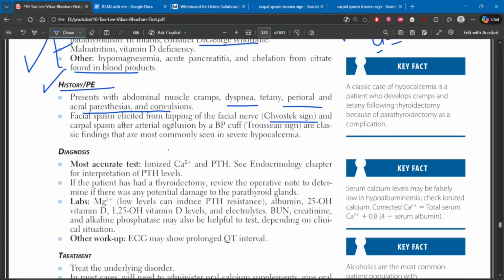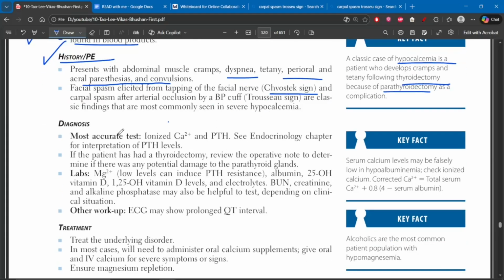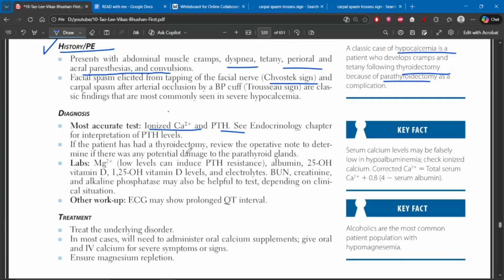This key fact now explains why hypocalcemia occurs in a patient after thyroidectomy, because parathyroidectomy has also occurred unwillingly. So the most accurate tests again are ionized calcium and PTH. If the patient has had a thyroidectomy, review the operative note to determine if there was any potential damage to the parathyroid glands.